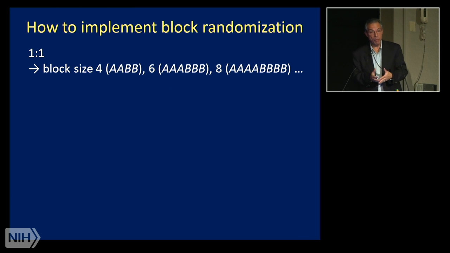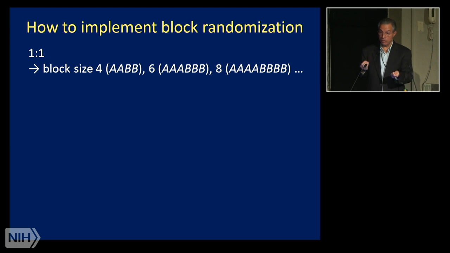If you decided to do a block size of 6, then you have 3 A's and 3 B's, because remember, it's a 1-to-1, it's equally likely, and all the permutations of 3 A's and 3 B's, and there are many more than 6. And if you decide to go with a block size of 8, you've got 4 A's and 4 B's, and all the permutations of those.